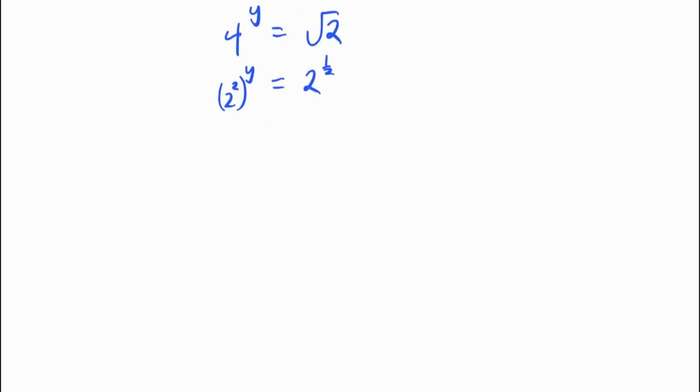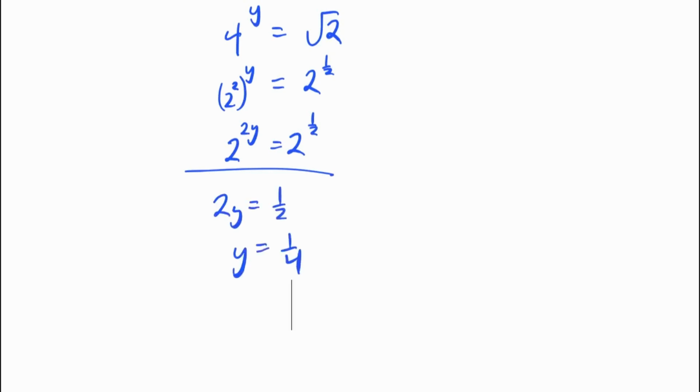Well, when you have an exponent of an exponent, you multiply them. So this becomes 2 to the 2y is equal to 2 to the 1/2. So now we can solve for y. So we know 2y has to equal 1/2. Therefore, y is equal to 1 over 4. Awesome. So there's a little bit of familiarity, hopefully, with how logarithms work.